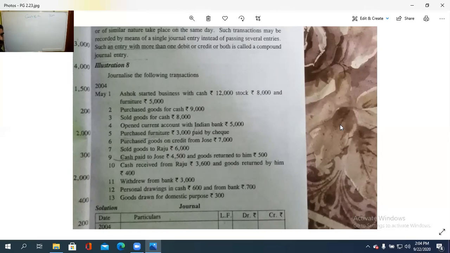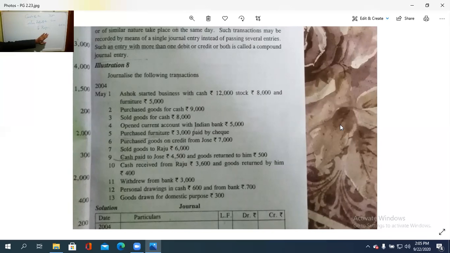And goods returned by him. So sold goods that are returned back, what is that? Sales returns. So sales returns account debtor 400 to Raju, that is 4,000. See, compound journal entry. For identifying this compound journal entry, what are the transactions coming here?